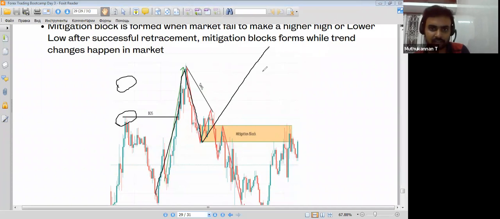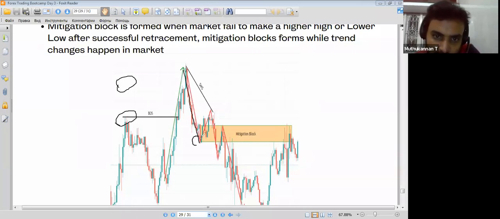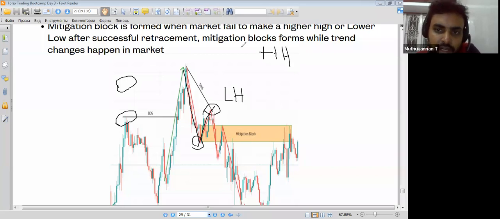Instead of that, it didn't break this high. It fell down and created the lower high here. It should have created the higher high, but instead, it created a lower high.